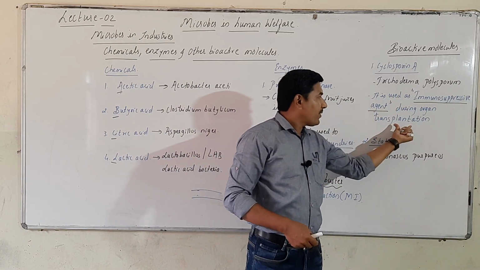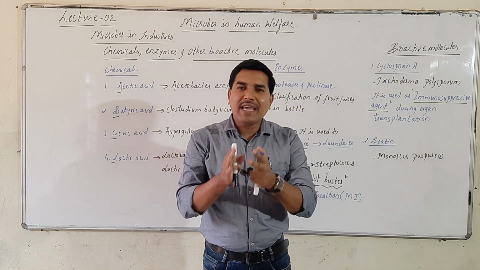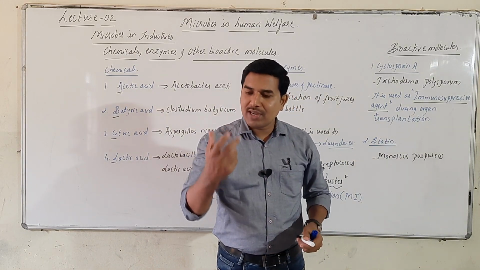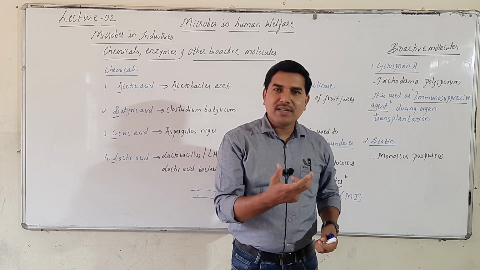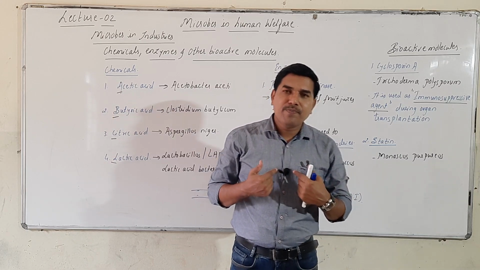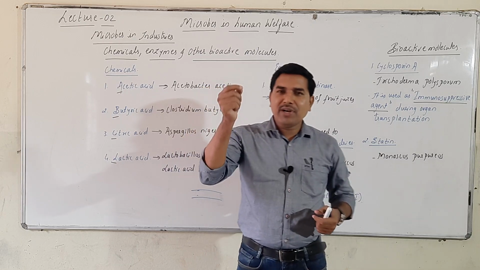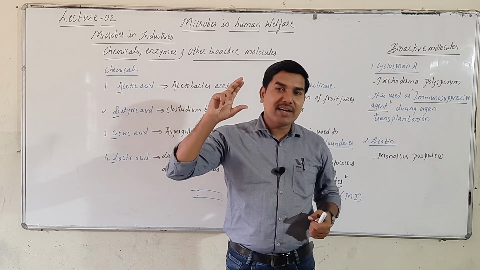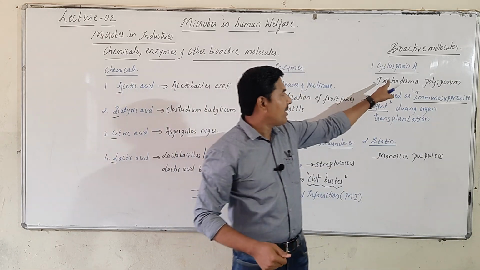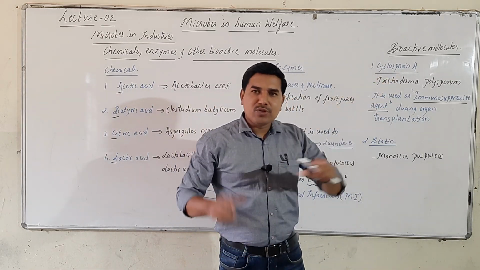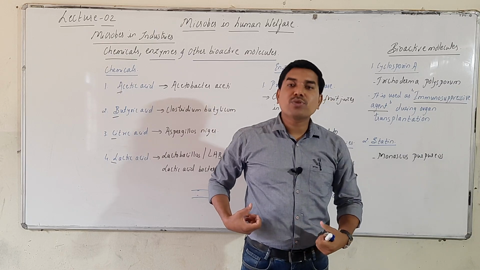Now look at this. During organ transplantation, like kidney transplantation, suppose the kidney has to be replaced. If the kidney has to be replaced, then our immune system won't retain even a small microorganism, then how can it retain a larger kidney? That's why doctor will give an injection. The name of that injection is cyclosporine A, so that our body gets adjusted to this organ.